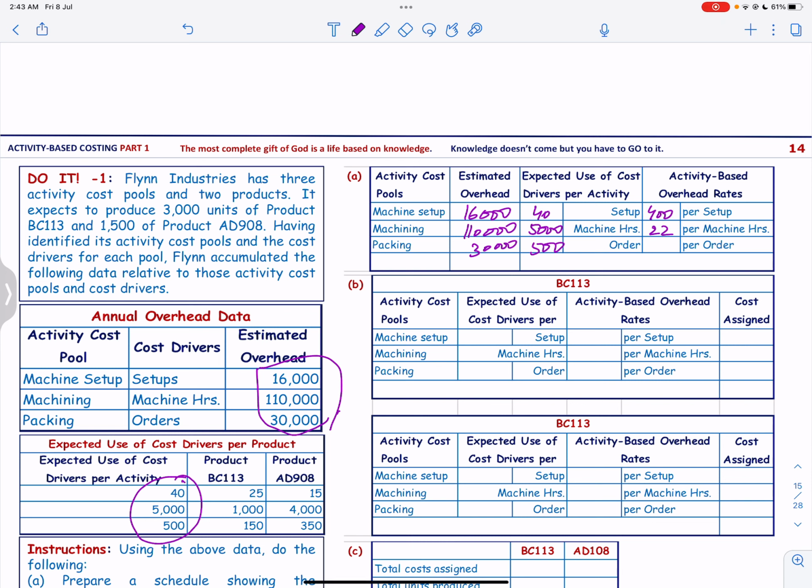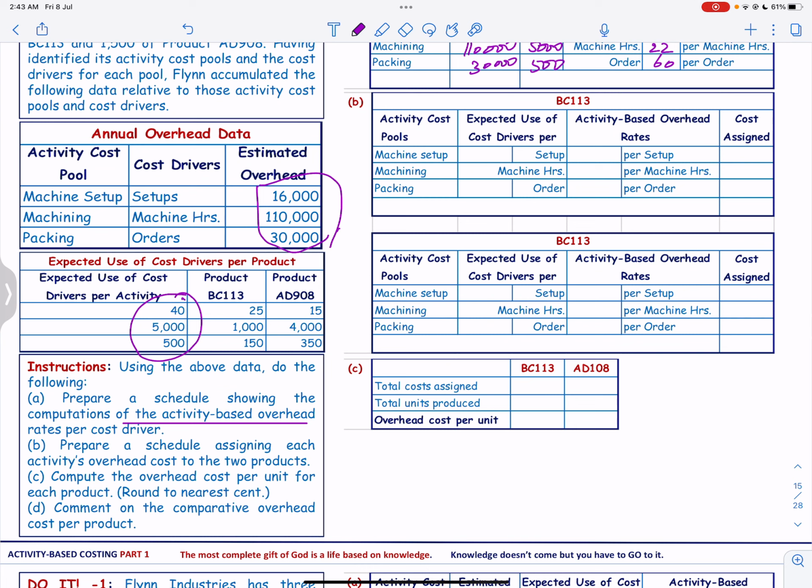We move on to part B. Prepare a schedule assigning each activity overhead cost to the 2 products. So we have the first product, BC113, and this is a mistake.